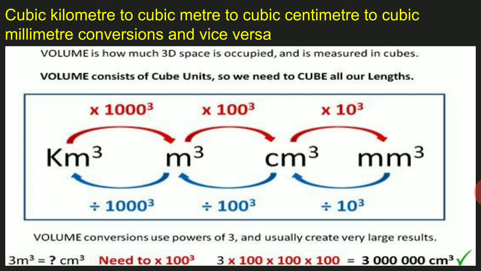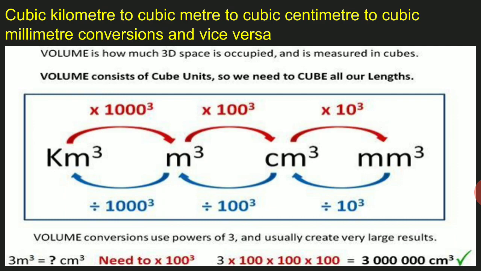When we have to convert from kilometer cube to meter cube, we multiply by 1000 raised to 3. When we have to convert from meter cube to centimeter cube, we multiply by 100 raised to 3, since 1 meter is 100 centimeter. When we convert from centimeter cube to millimeter cube, we multiply by 10 raised to 3 because 1 centimeter is equal to 10 millimeter.